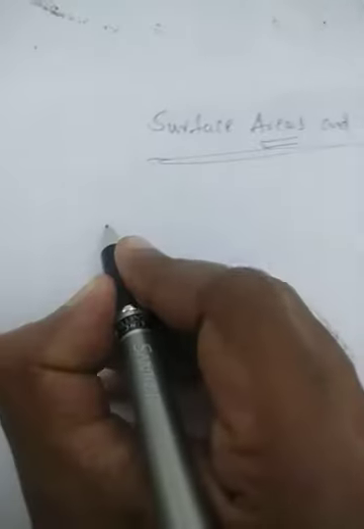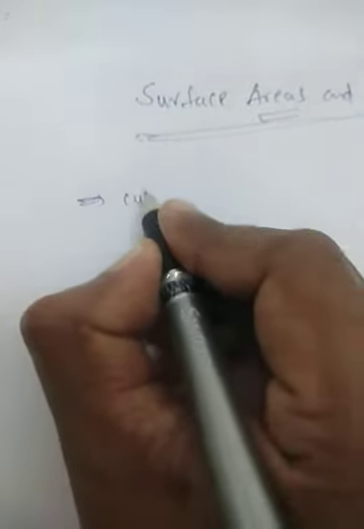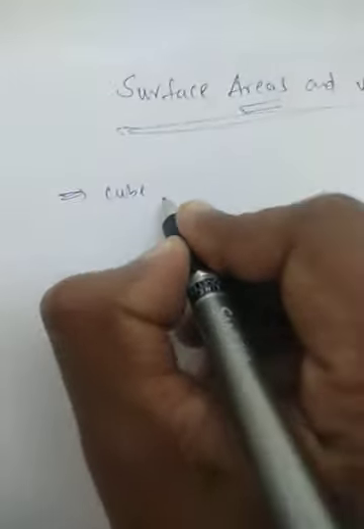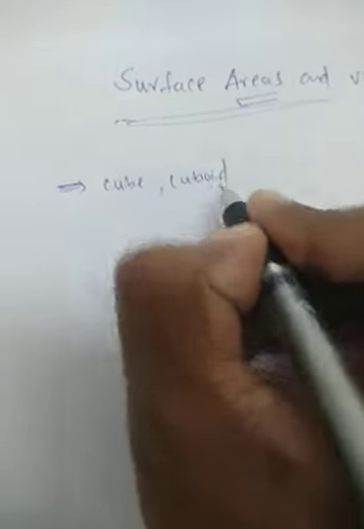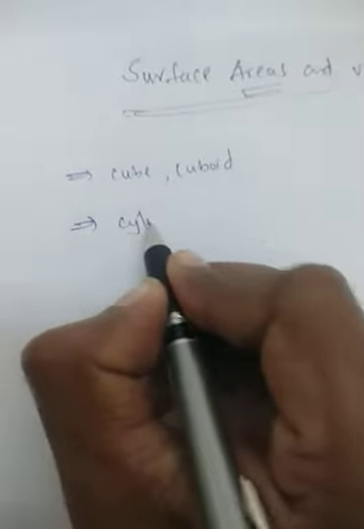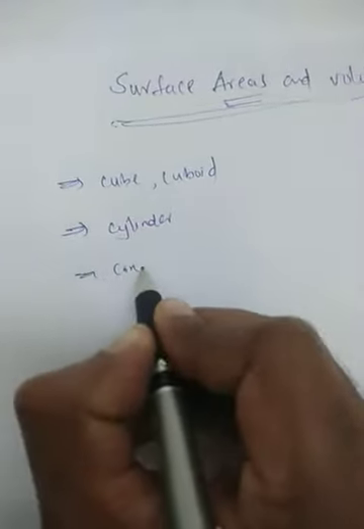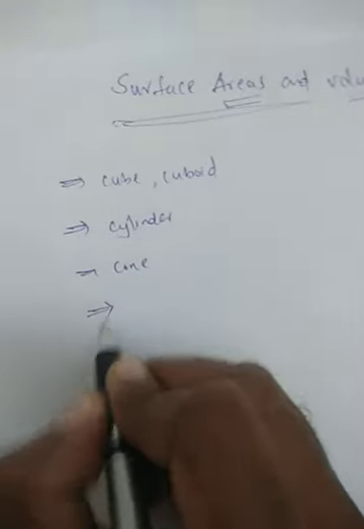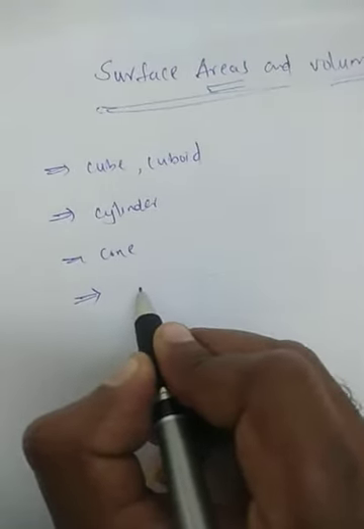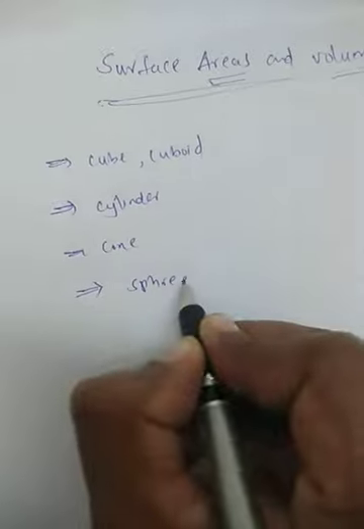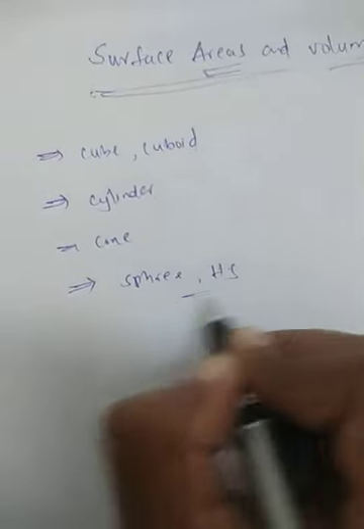Actually what type of solids? In general we have cube, cuboid, next cylinder, next cone, next sphere and hemisphere.